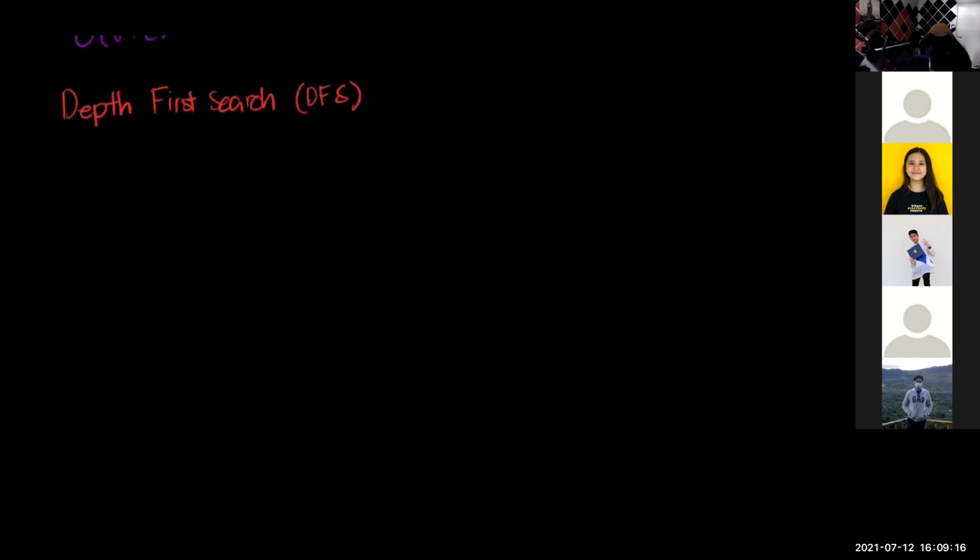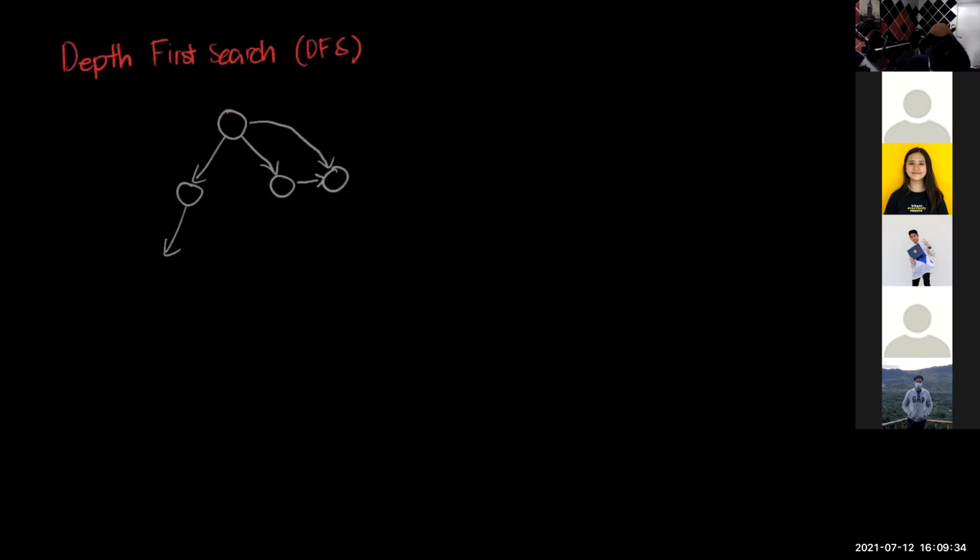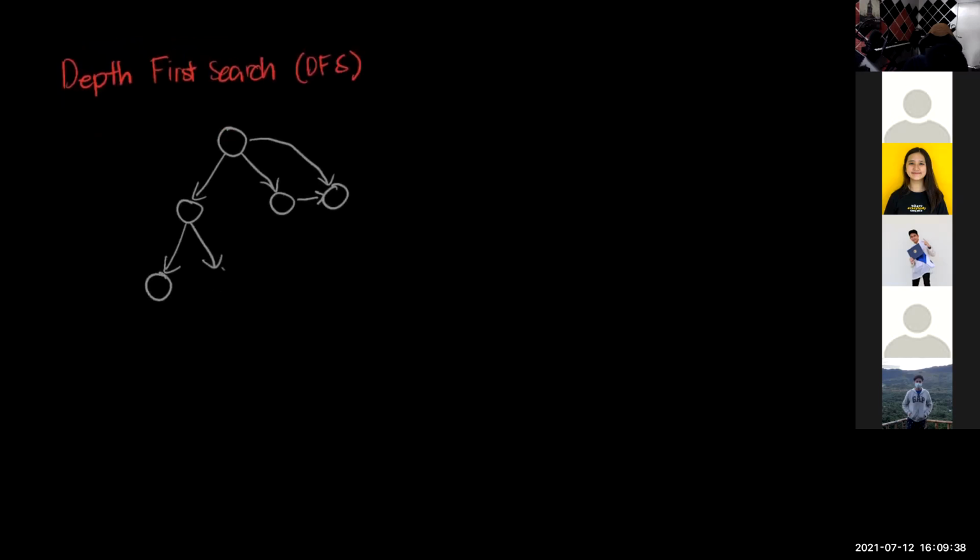Okay, so DFS. Let's start here with some nodes. So what DFS does is we find, for example, a start node here.